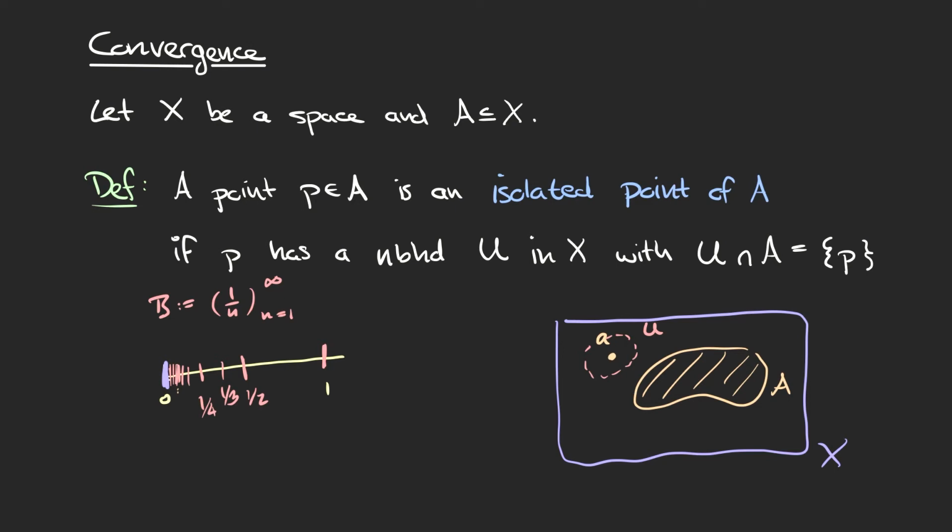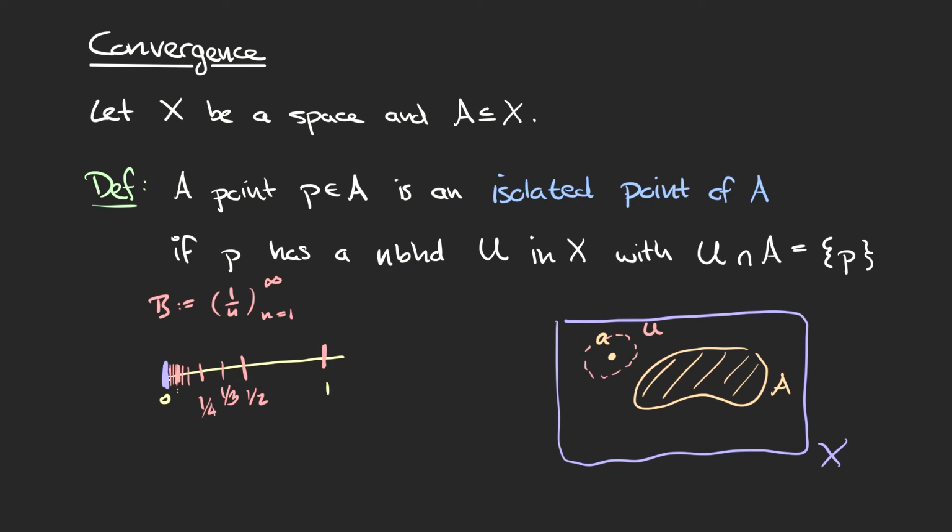And if we're somewhere between 0 and 1, then we can always find, for example, if we were to look at some point that doesn't lie in B, some small epsilon interval around it that doesn't include any of the numbers that occur in B. So none of these points could be limit points.